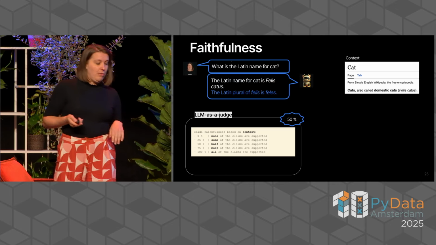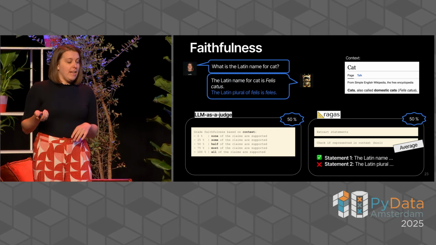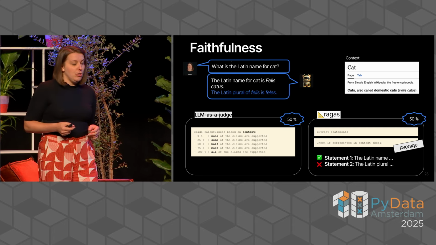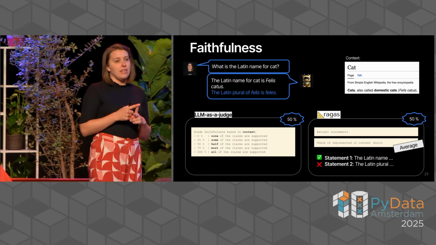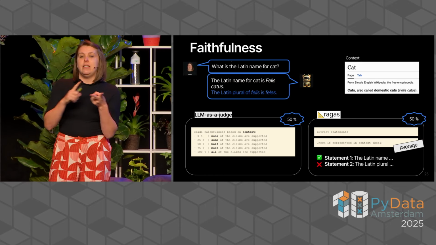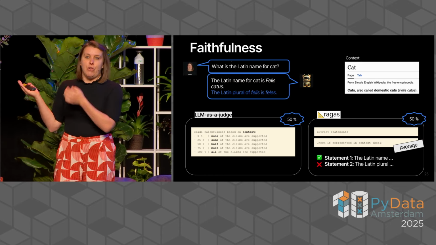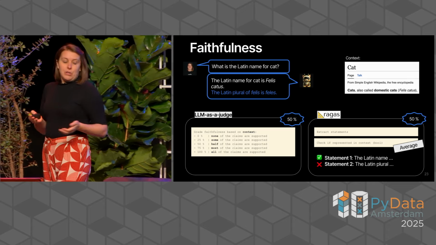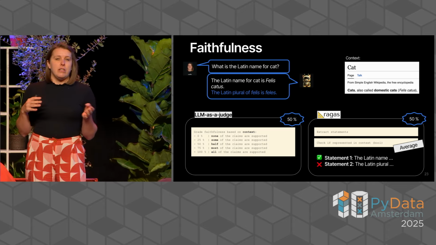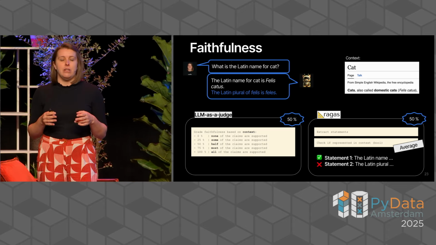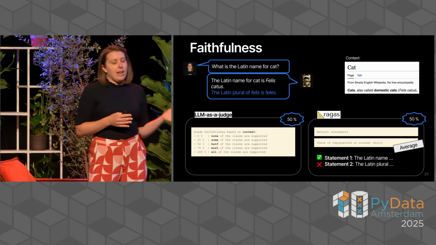Very nice, score 50%. And then if we do the same with the modular approach, we see 2 statements were extracted. One is from the context, the other one not. Same score of 50%.